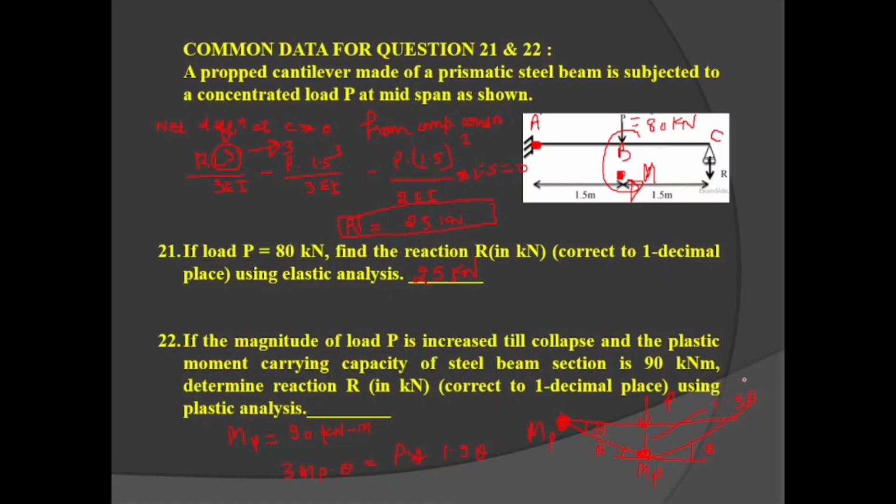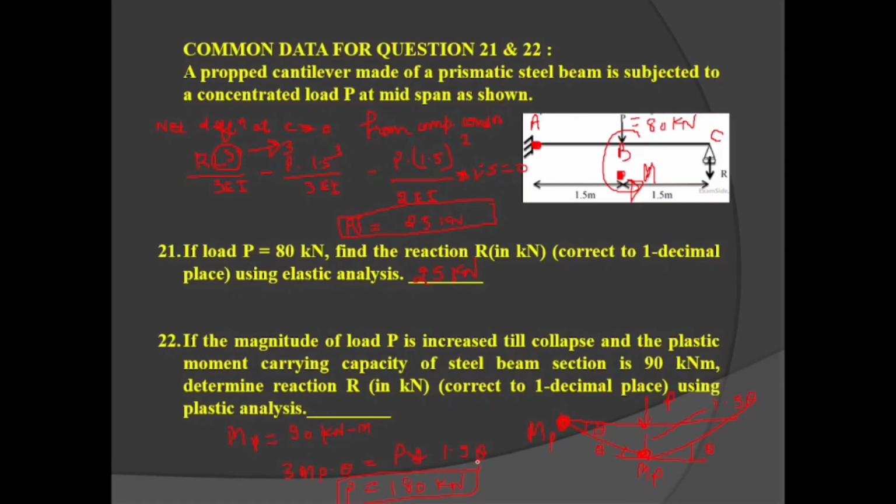P is basically increased till the collapse load. So 3 MP theta equals P into 1.5 theta, with MP as 90 kilonewton meter. So P is equal to 180 kilonewton from this condition.